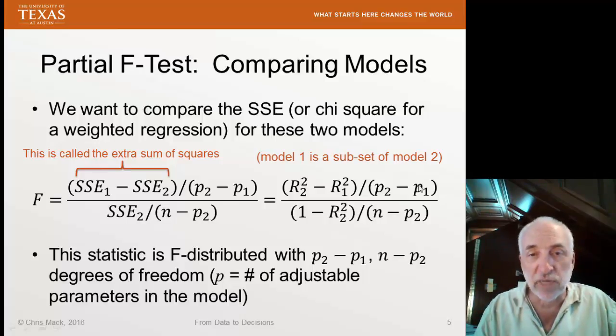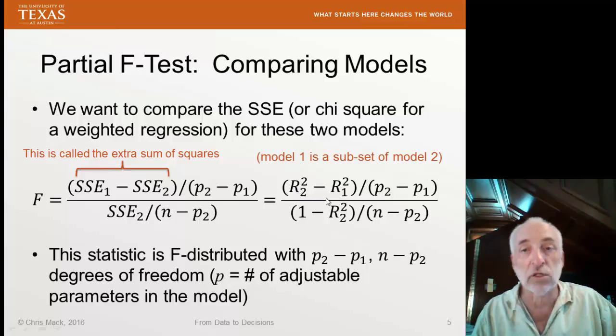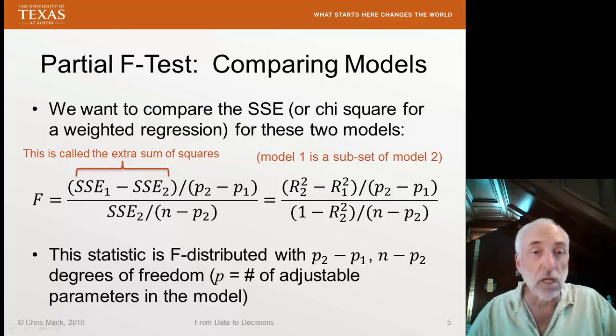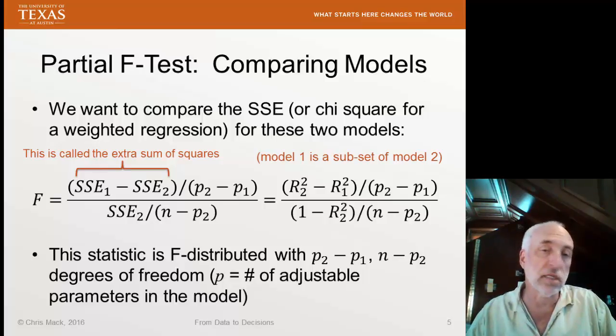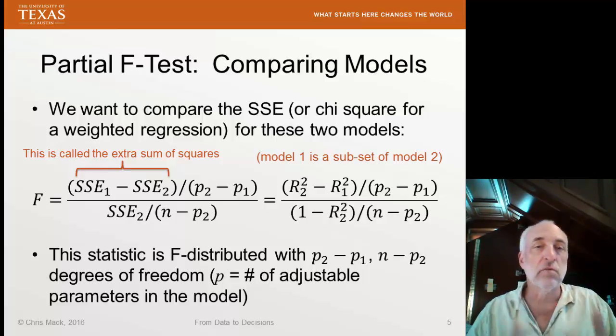We can also express that same thing in terms of these adjusted R squared values. That resulting statistic will be F distributed with these numbers of degrees of freedom, and we can do a hypothesis test, calculate a p-value, compare it to our significance level, and then decide whether or not the reduction in the sum of squares when we add those parameters is statistically significant.